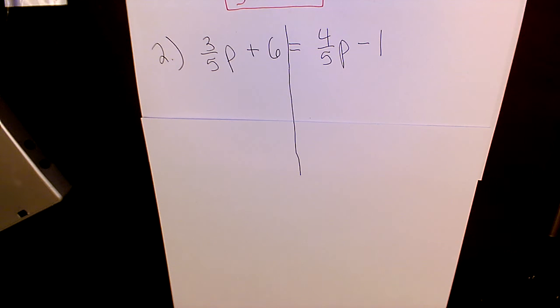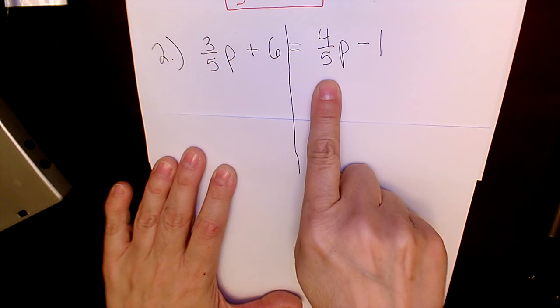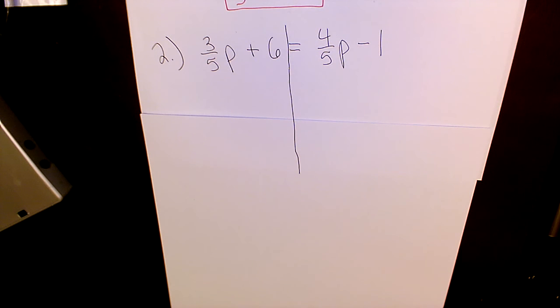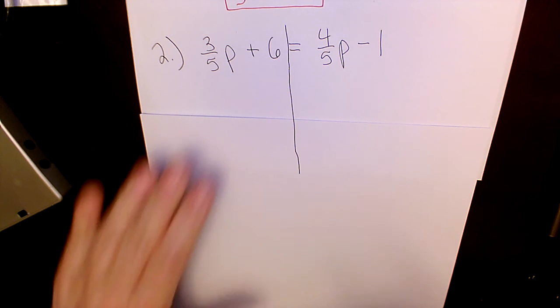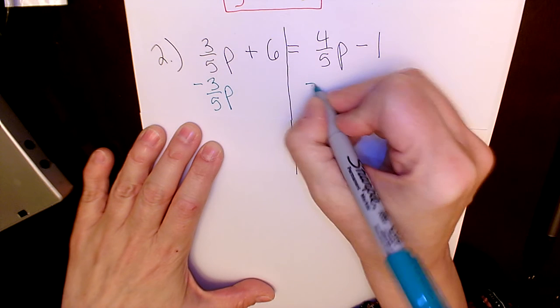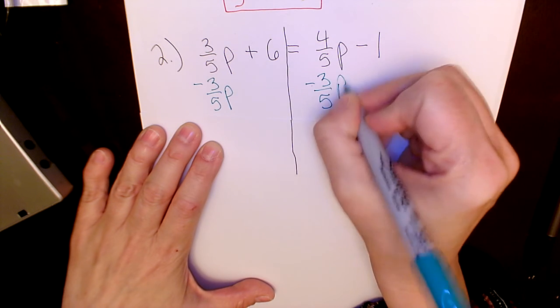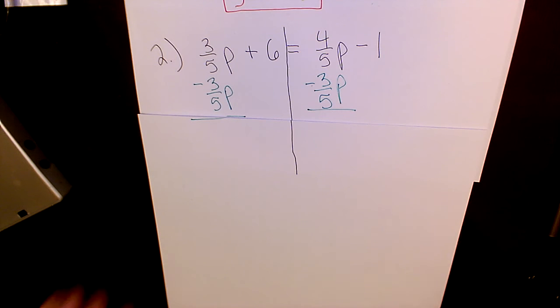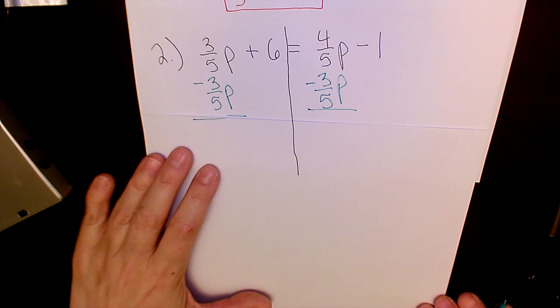Both sides are equal, so I can either start over here or I can start over here. I'm going to start over here. So I need to get rid of 3/5 p. So I'm going to subtract 3/5 p from both sides.